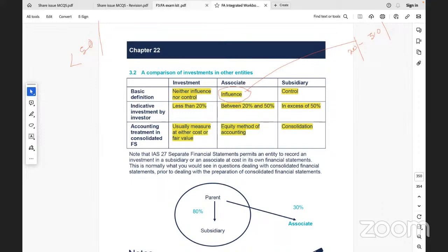But in a subsidiary, it's not like that. In a subsidiary, we control the final decision. Influence means we can give our input, but the final call is not ours.